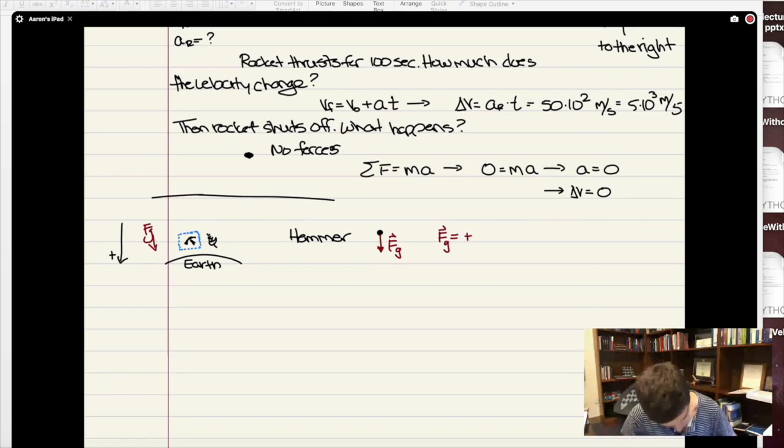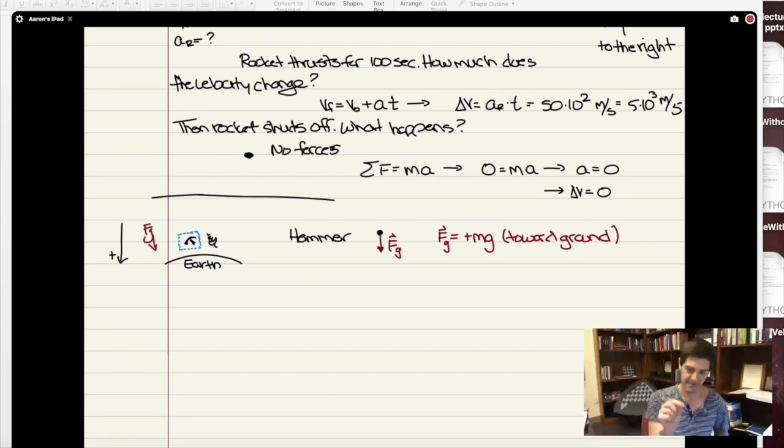In which case I would write the force due to gravity as plus mg, or toward ground. I could have also written it as plus mg multiplied by j hat, if I wanted to use the ijk notation.